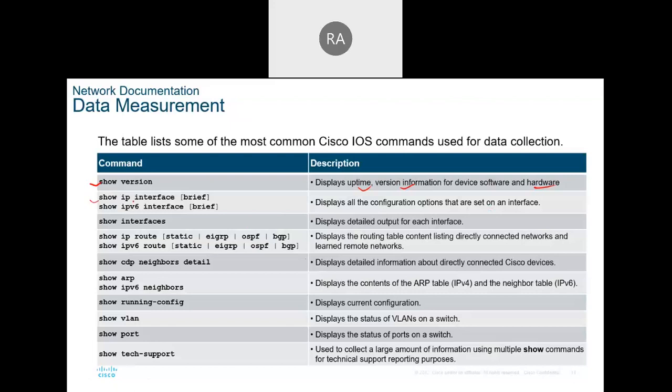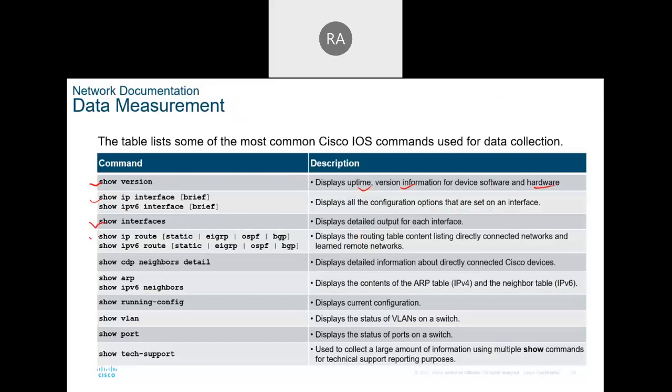If I say show ip interface for IPv4 or show ipv6 interface for IPv6, what will I see? It will display all the configuration options that are set on an interface. We've issued this command before. I can go down and say show interfaces so that I can see detailed output for each interface.